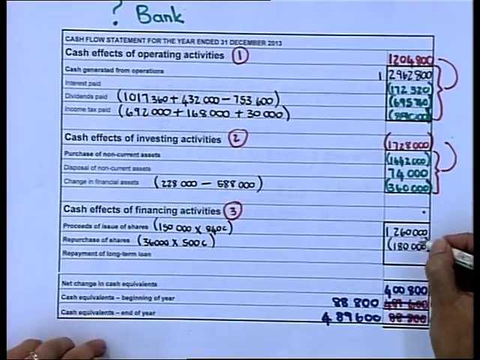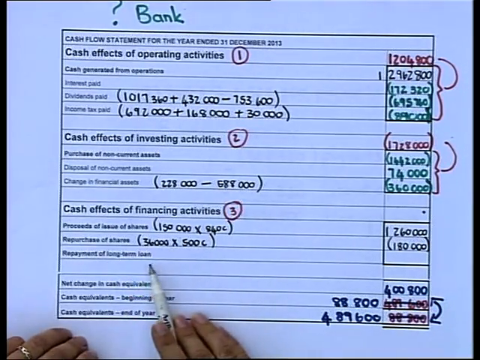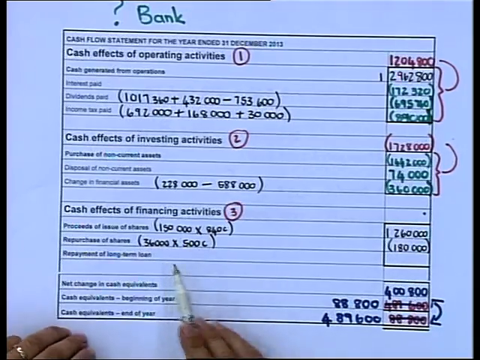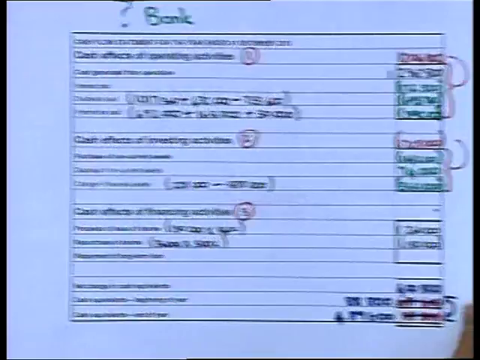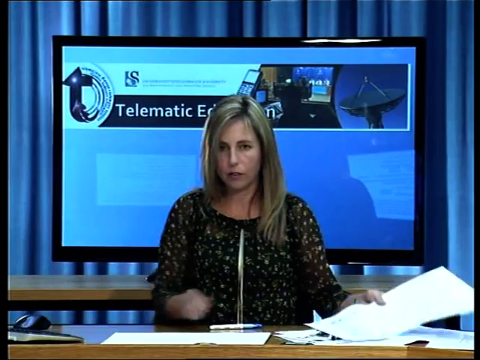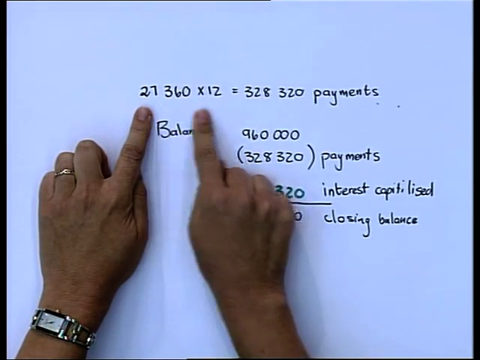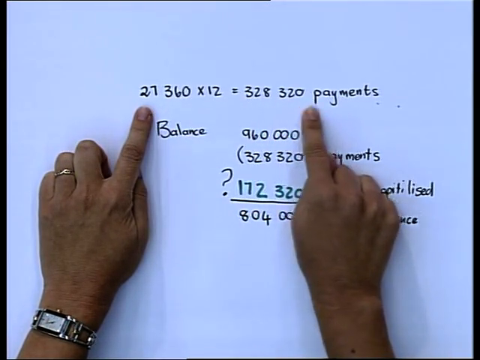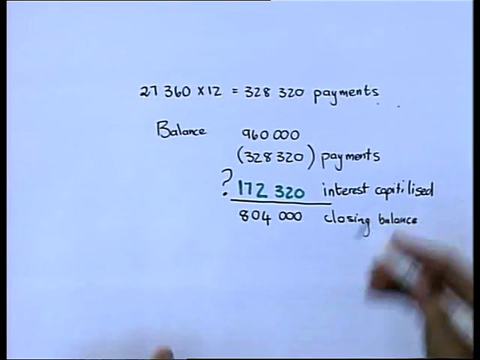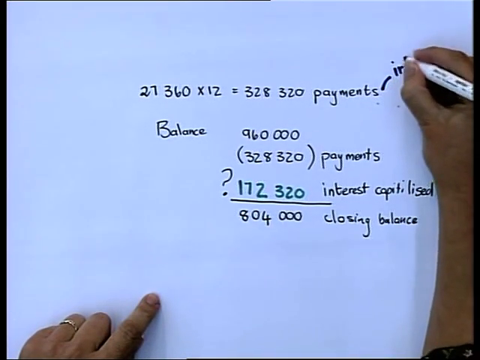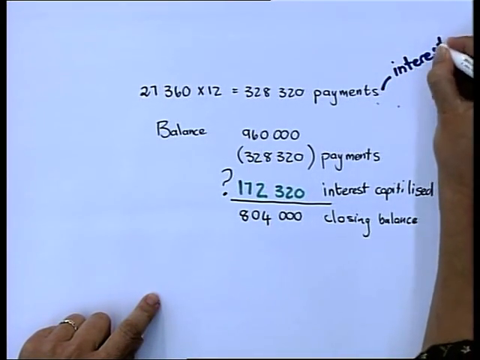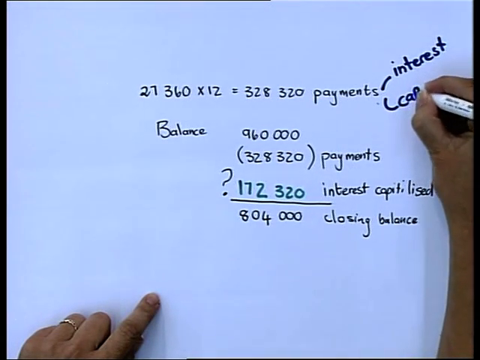And then finally, what they also did was they repaid their loan. Now remember our calculation that we had earlier on with the loan. If I just talk you through that again, remember we said that they've made payments of 328,320, but that was for interest and for capital.